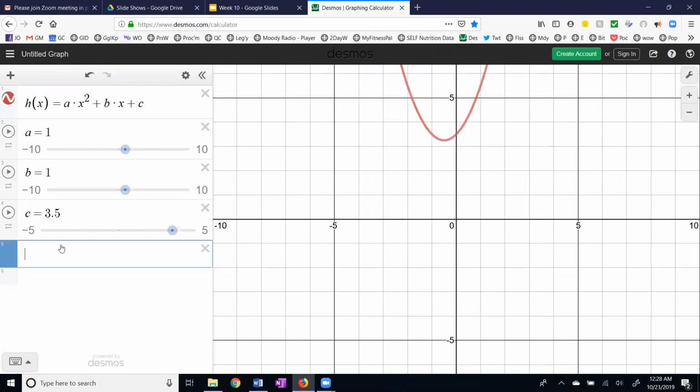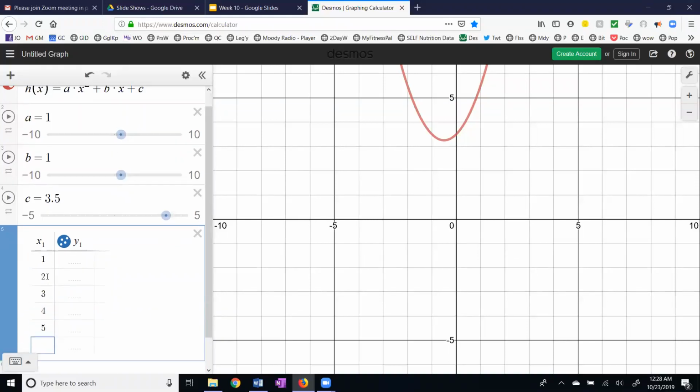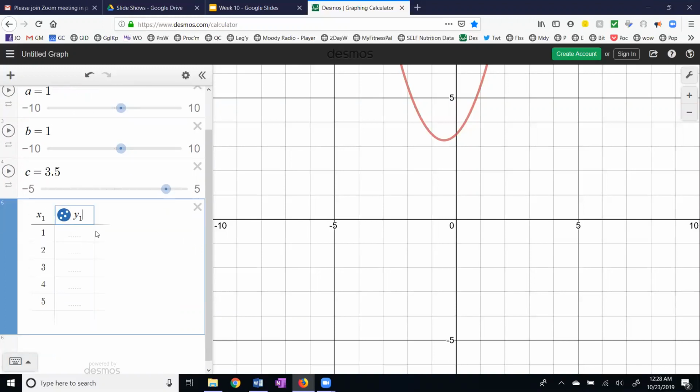I want to show you how to make a table here. To make a table in Desmos, you hit the plus, which allows you to add these things. I'm going to add a table. And here are the x values. Typically for a sequence, we'd want 1, 2, 3, 4, 5, for example. And then over here, we can tell what we want. We want h of x1, and to get a subscript, you just hit the 1 like that.